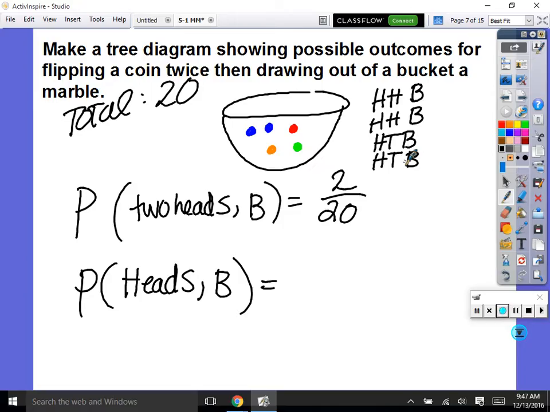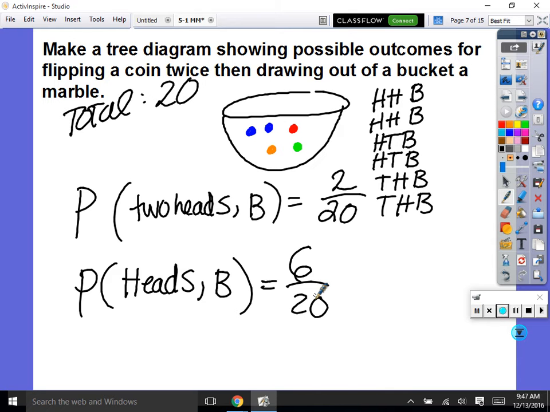We could get tails, heads, then blue, and that happens again. Now there's no other heads besides that with the blue, correct? 1, 2, 3, 4, 5, 6 possible out of 20. Does everybody see how this is working? Not super hard, but not super easy either. You've got to be able to draw out a tree diagram, which is showing your possible ways of getting an answer.